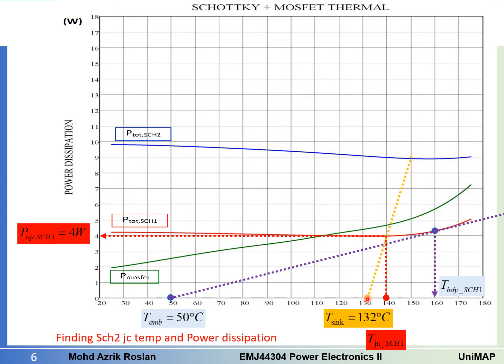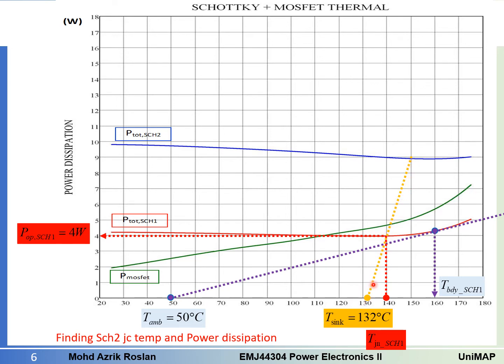So we know that the Schottky 2 and Schottky 1 both have the same thermal resistance. So when I draw this one to this one, and then I further increase it, this slope will be the same. This is 2 degrees C per watt slope.